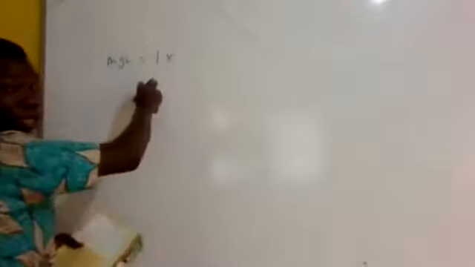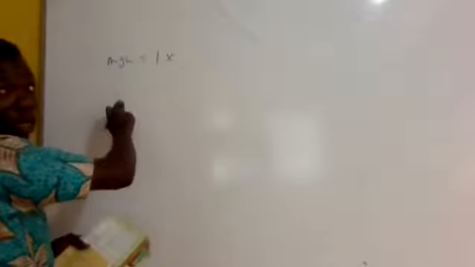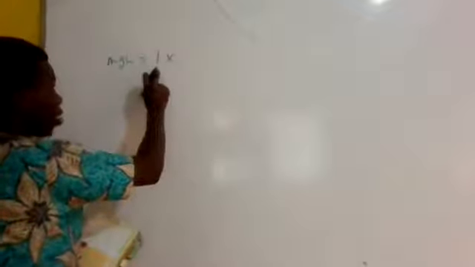So now, in the above example, mgh simply means multiplying. The mass of the object is 1 kilogram, so this m is this 1 kilogram.